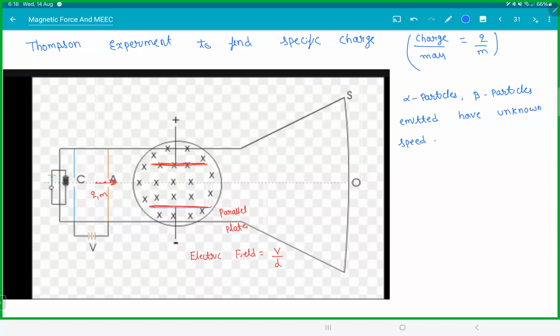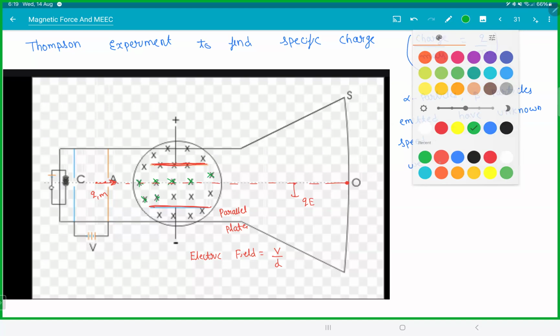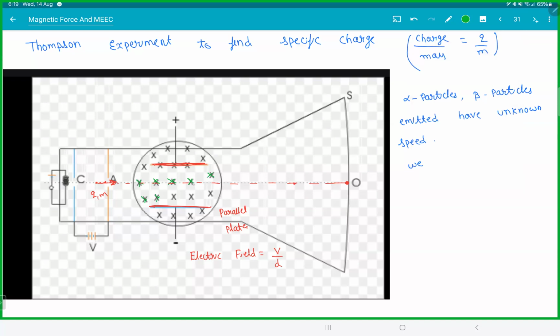So what we do, we adjust the electric and the magnetic field, and in the region there are electric and magnetic fields. We keep on adjusting them till this beam goes in a straight line and focuses at the center. So at this instant, this is QvB and this is QE.